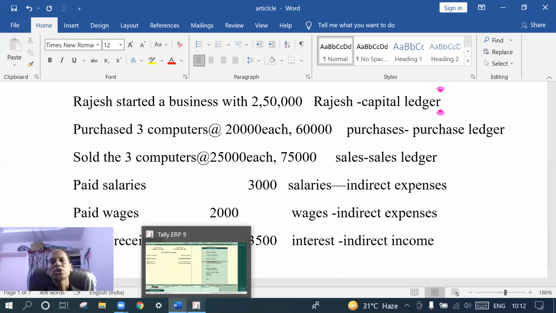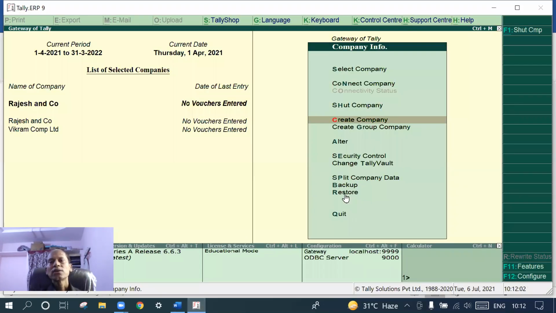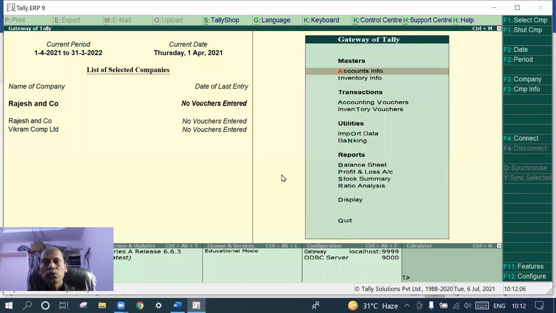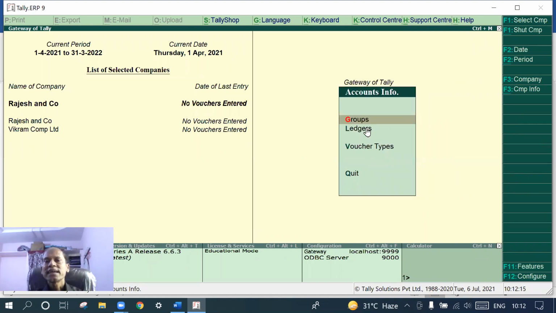Now let us move to Rajesh. So now, creation of the ledger. For creation of the ledger, what shall we do? Escape. We have to go to Accounting Information, then Create Ledgers.